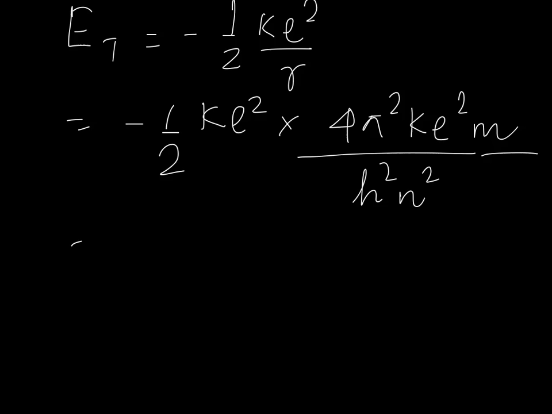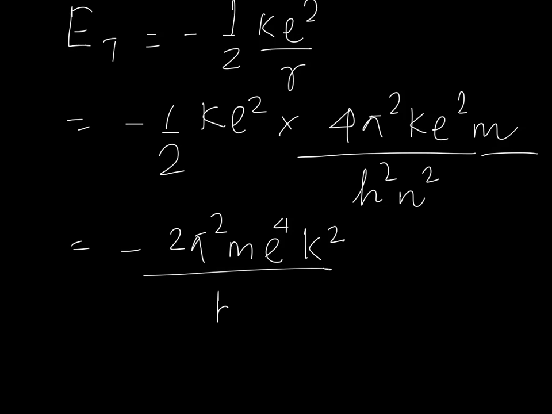Now you could rearrange this, and when we rearrange we get negative 2 pi squared m e to the power 4 k squared divided by h squared multiplied by 1 over n squared.